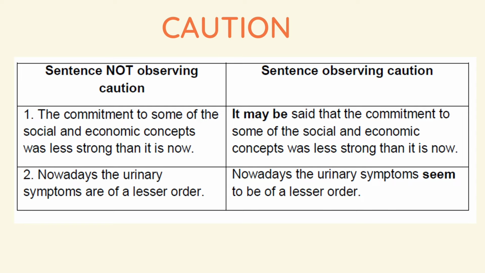And nowadays, the urinary symptoms are of a lesser order. These sentences do not observe caution. To improve, it may be said that the commitment to some of the social and economic concepts was less strong than it is now. And nowadays, the urinary symptoms seem to be of a lesser order.